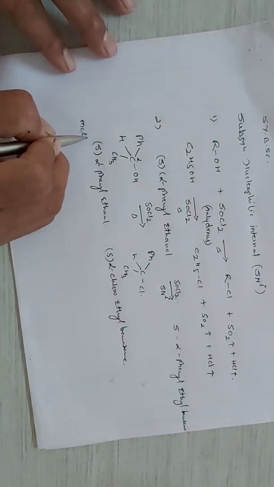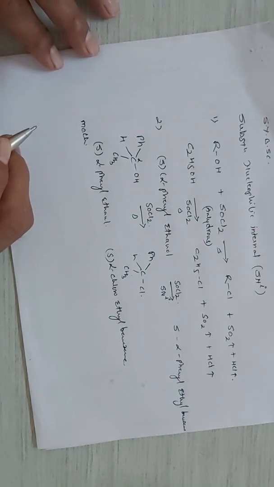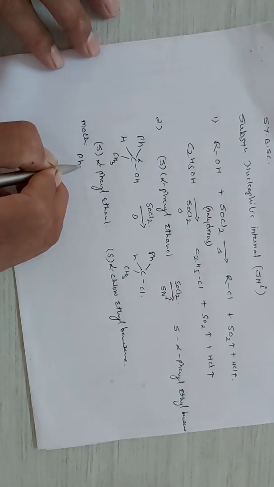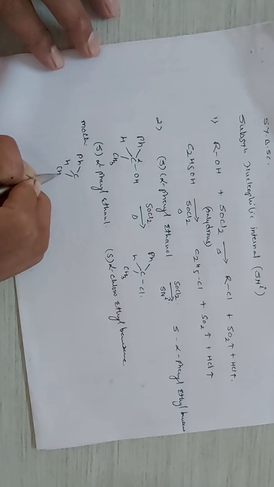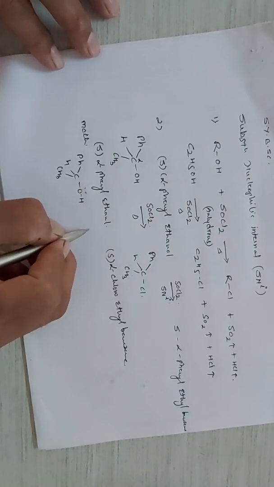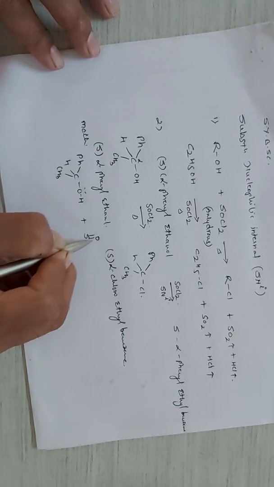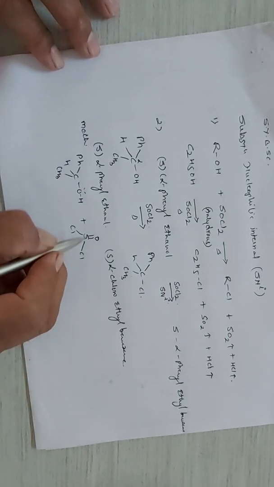And so what is this mechanism? This mechanism proceeds with the formation of an intimate ion pair. Here the S phenyl ethanol reacts with thionyl chloride, that is S double bond O, Cl, SOCl2.